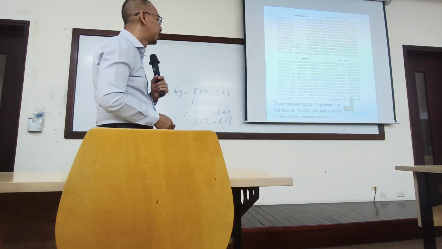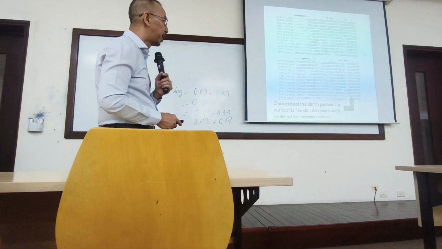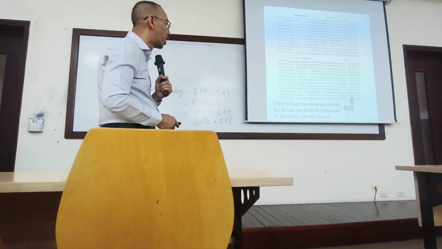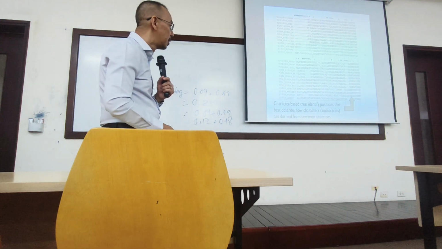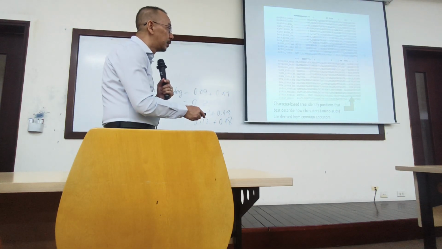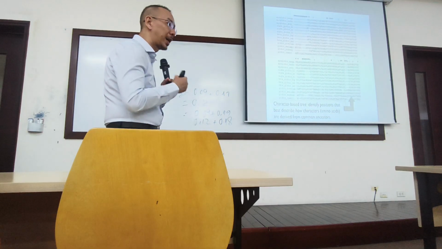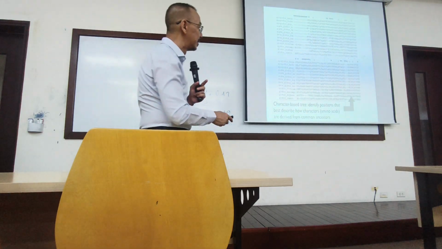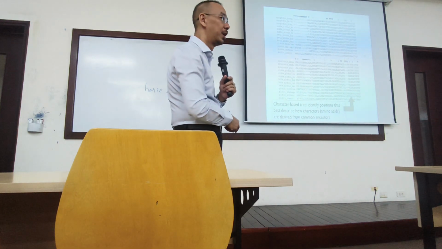Character-based. Character-based identifies positions that best describe how characters reflect the common ancestor. So that means this method is different: it does not calculate the distance, it identifies the position first.